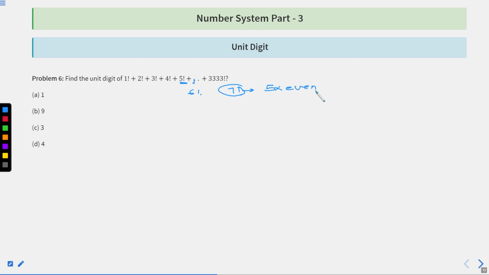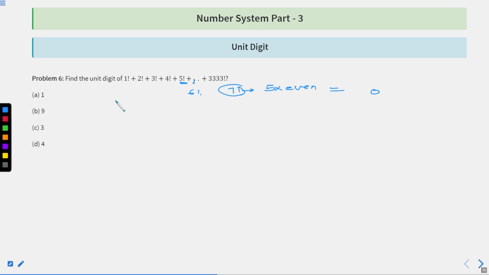This case is always going to arise. As we have seen in the previous questions, if you have 5 at the unit digit in one number and an even unit digit in another number, and you multiply them, you will have 0 at the unit digit.